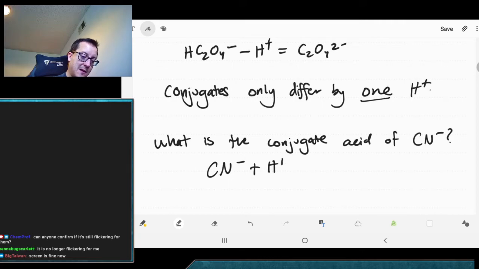To find the conjugate acid, we would just add a proton, and we would get hydrogen cyanide, or potentially hydrocyanic acid, depending if we're aqueous or not.